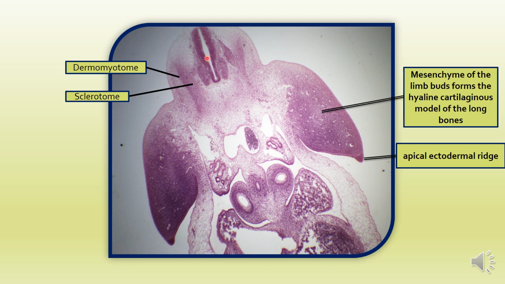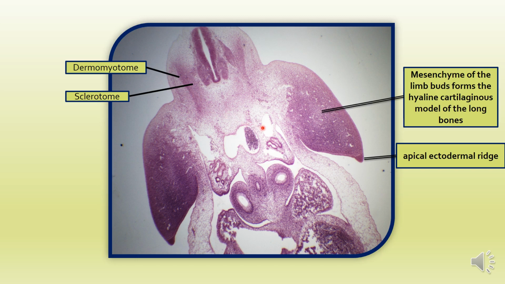Okay, loose tissue, sclerotomes, around the neural tube and the notochord, are the ventral and middle part of the somite, while the dense tissue, dermomyotomes, are the dorsal and lateral part of the somite.